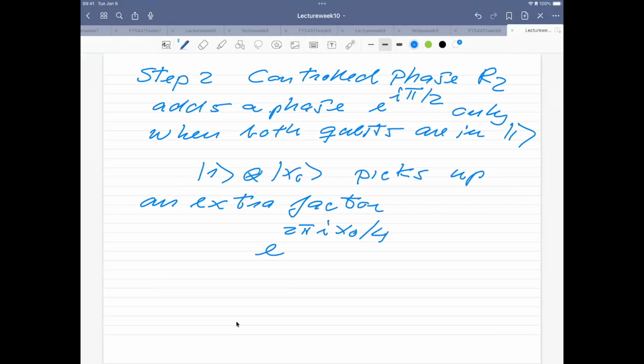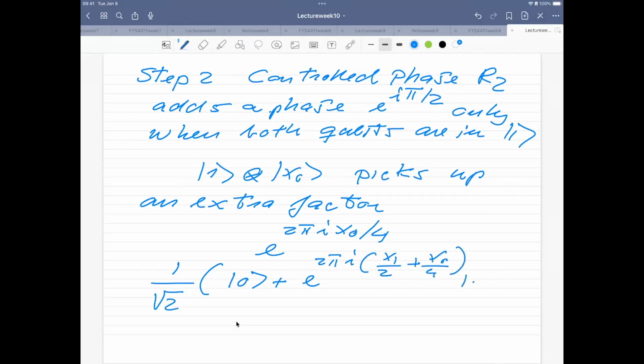So that state, when we have acted with that control gate, becomes equal to 0 plus e of 2 pi I, and then I have, so this is with the Hadamard and the R2 gate. Hadamard and R2. Okay, so I have x1 divided by 2 plus x0 divided by 4, acting on 1, and then tensor product with x0, which is the least significant.